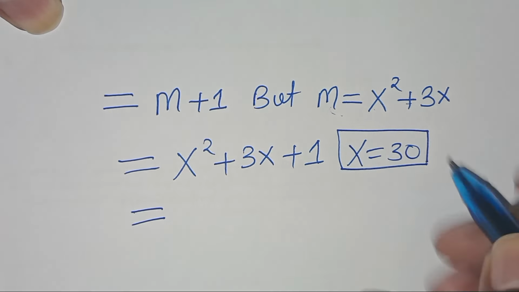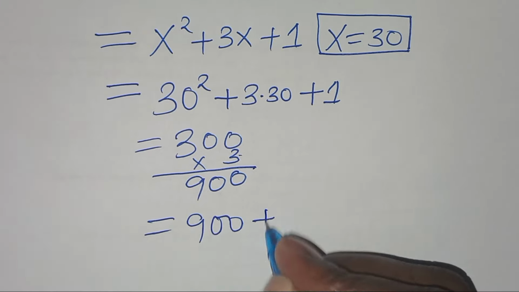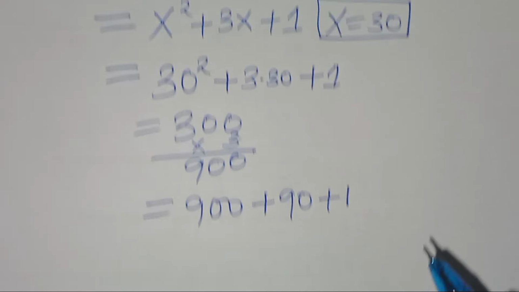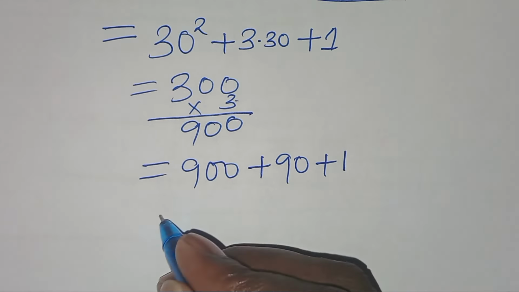So 30 squared here is the same thing as 30 times 30. This is 900. So here we have 900 plus 3 times 30, this is 90, then plus 1. And therefore, the solution here is 991.